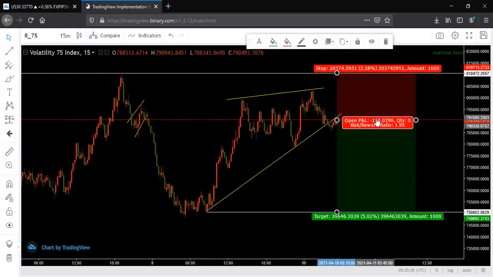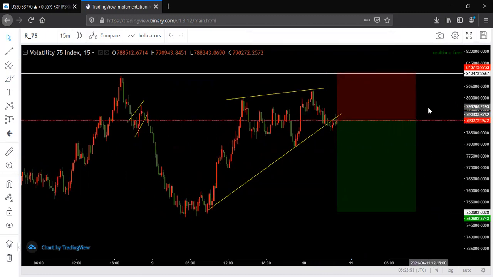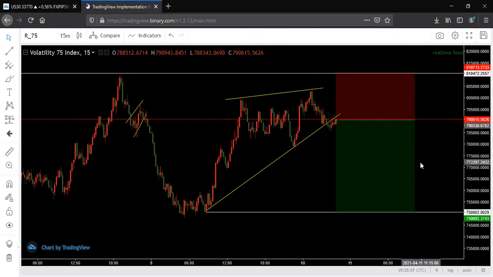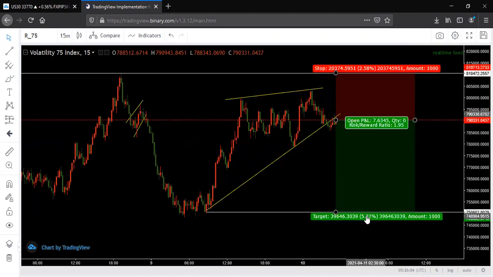So you see, this red box represents your risk, and this is the reward, the risk reward. So this is how you are risking, and this is your reward. So here, guys, almost 5.02 is our take profit.